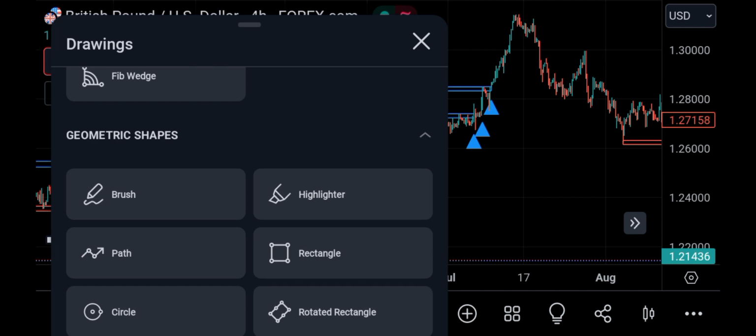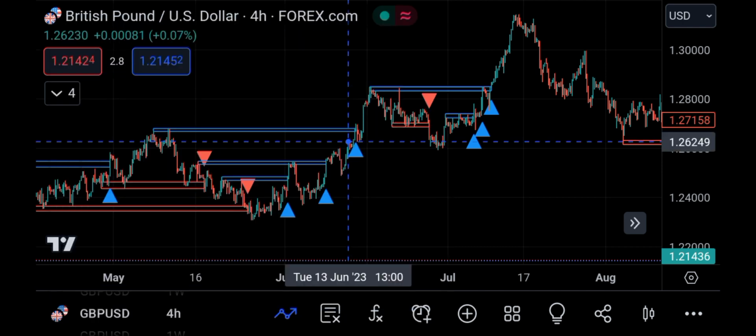We pick our path and we begin drawing from our most recent low, because in an uptrend the most recent structure must be one where price creates a high that moves past the previous high.